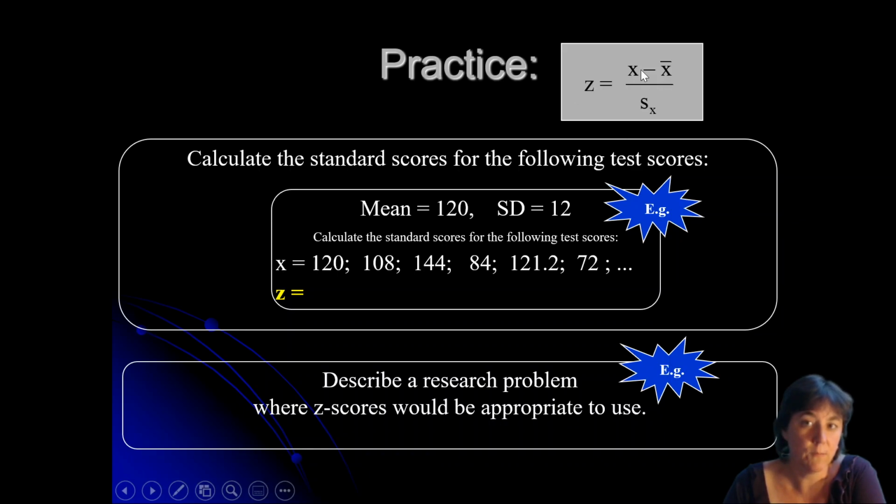Since we take 120 minus 120, the result will be 0. Then we have 108, resulting in a minus 1, 144 plus 2, because it's 2 standard deviations above the average, etc.